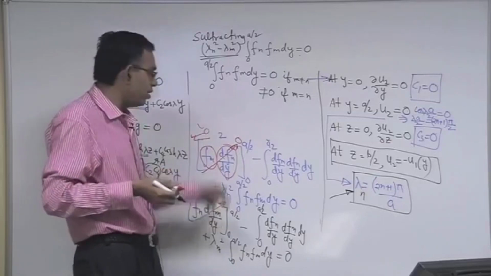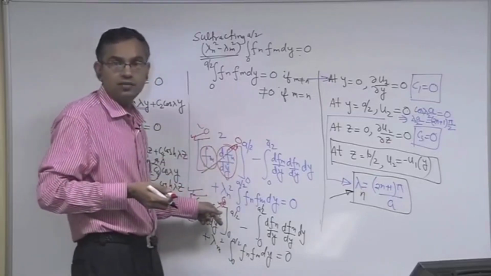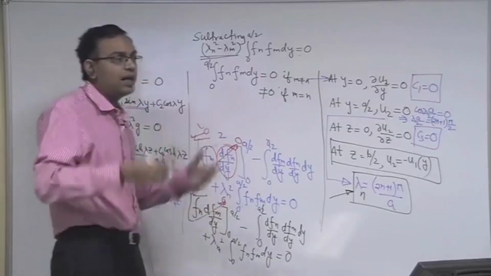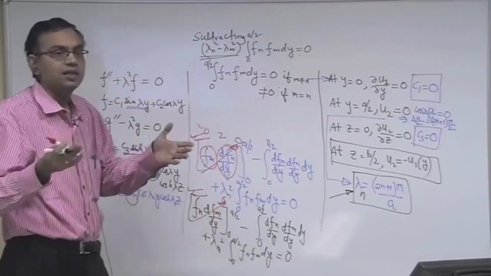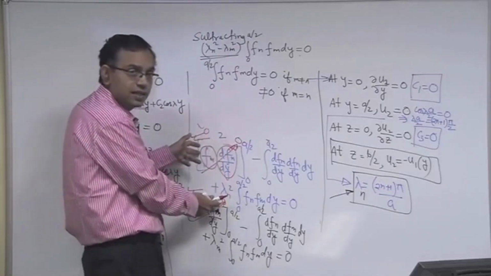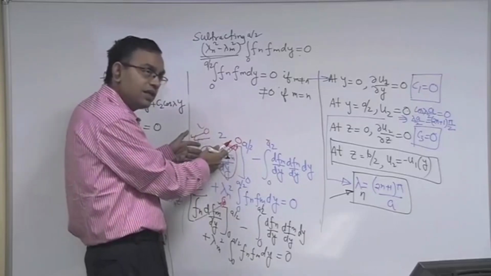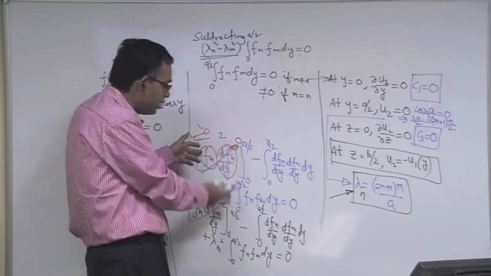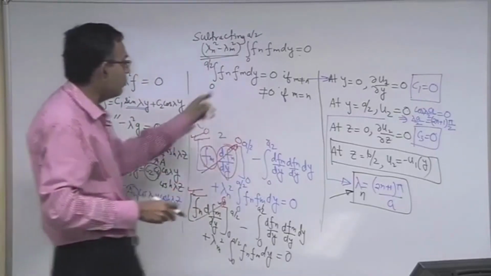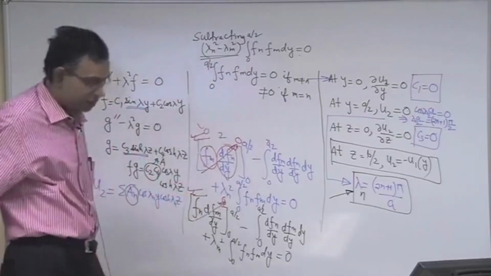Somehow this boundary term has to be cancelled when you subtract. What kind of boundary condition you require is up to you to decide, but mathematically these two terms should cancel. Either the individual terms are trivially 0, or if they are not, when you subtract one from the other, they should cancel. That will give rise to this orthogonality condition.